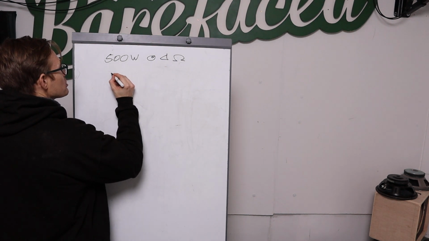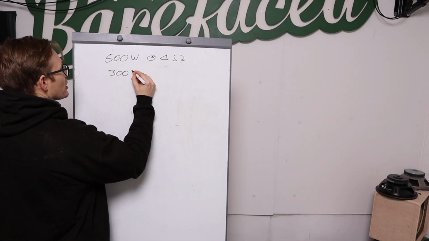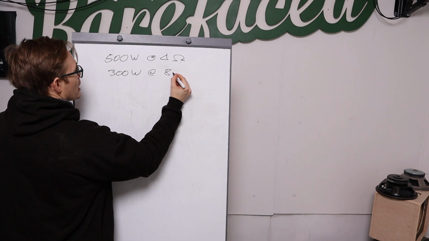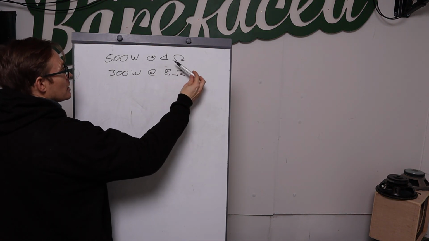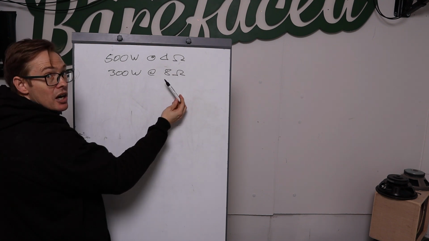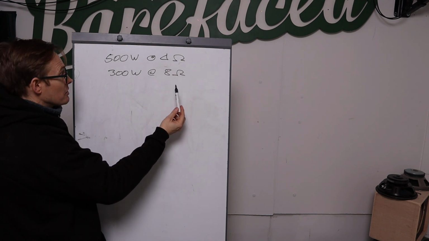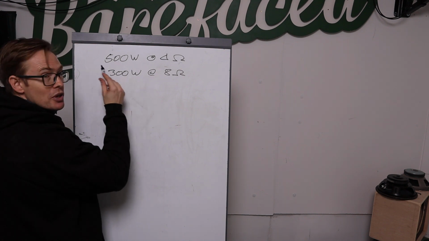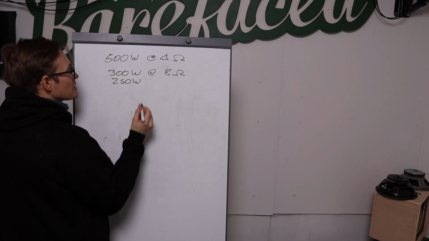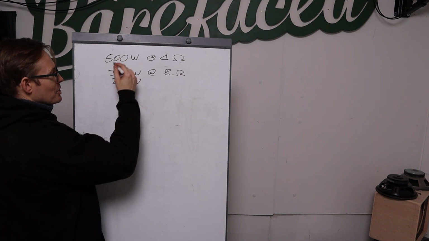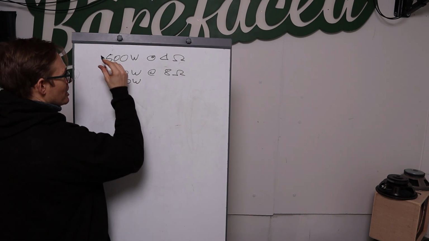And an amp like that will usually produce 300 watts or thereabouts at 8 ohms. What's happening is we are doubling the impedance, so we're halving the amount of current that can flow. So you would expect it to halve the power. The reason it doesn't halve the power is, actually, the other way around. It doesn't manage to double the power.